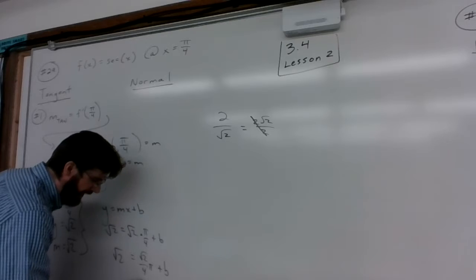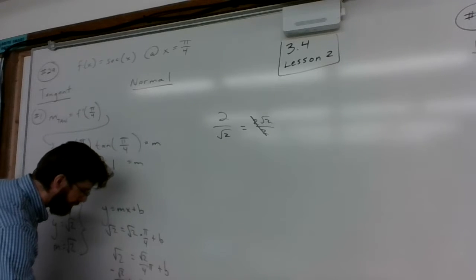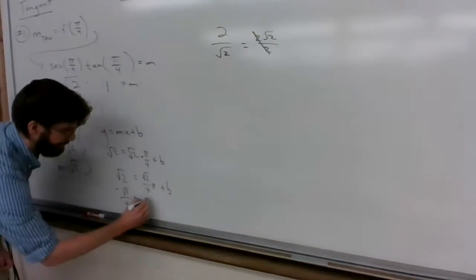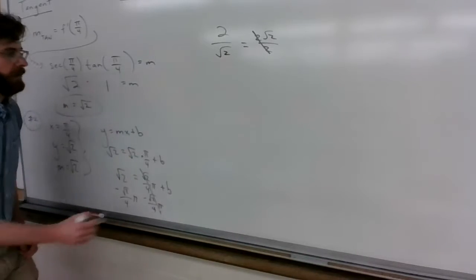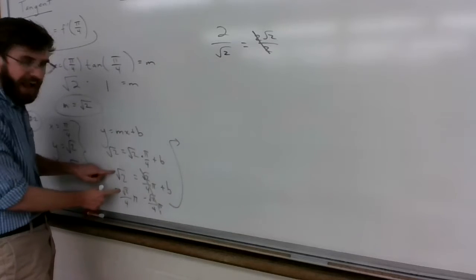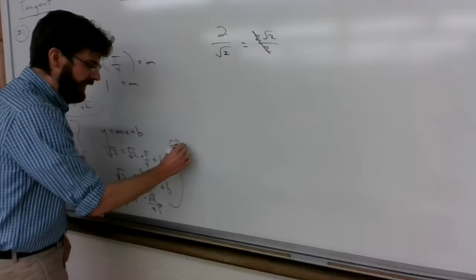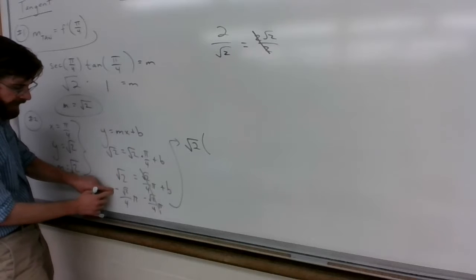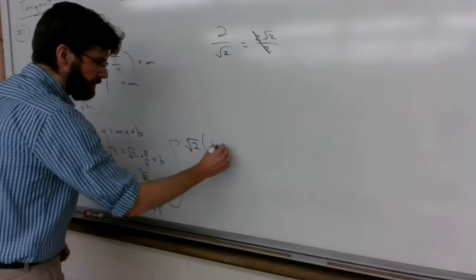So I subtract this value from both sides. And okay, this is kind of interesting. You can factor a root 2 out. I've seen this done quite frequently, where they say, hey, this is root 2 times 1 minus 1/4 pi, or pi over 4.